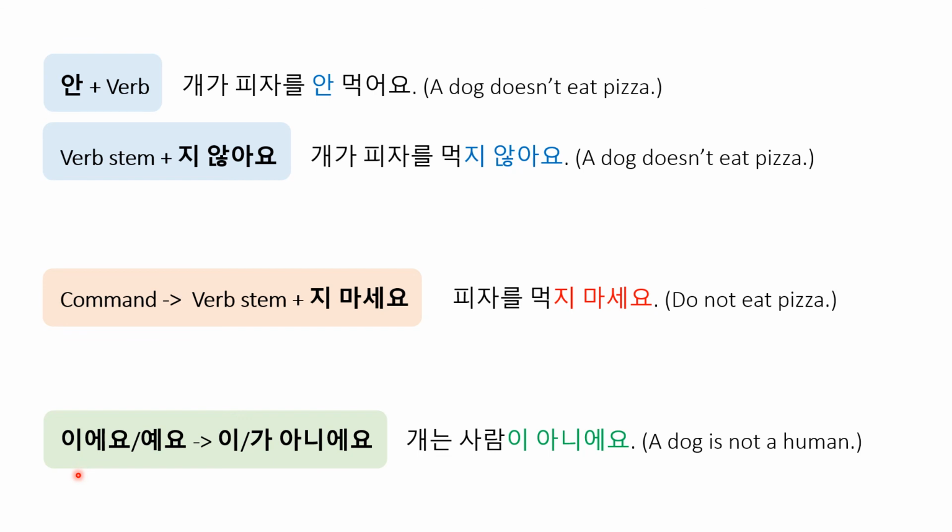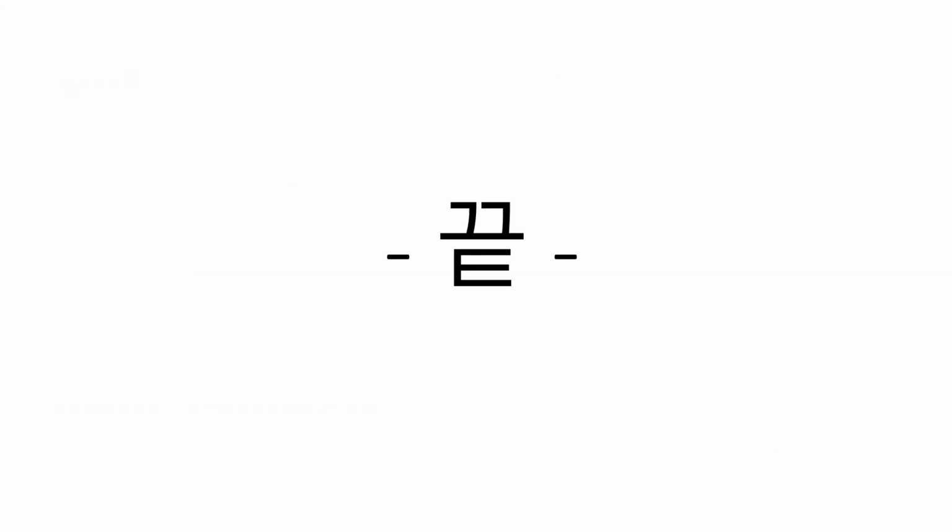To make a negative sentence for an 이에요, 예요 sentence, replace 이에요, 예요 with 이 아니에요 or 가 아니에요. After a consonant, use 이 아니에요. After a vowel, use 가 아니에요. 끝. The end.